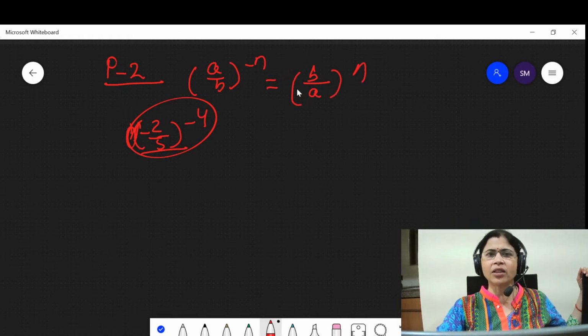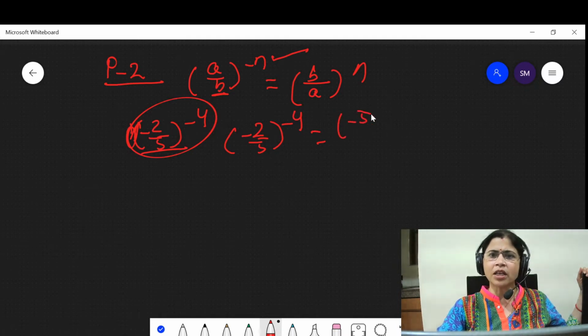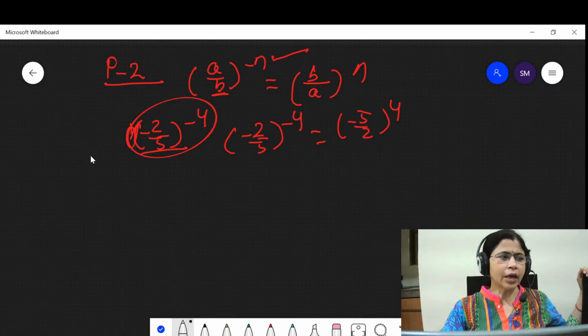When we take the reciprocal of the base, the sign of the exponent gets changed easily. This means minus 2 upon 5 to the power minus 4 is equal to minus 5 upon 2 to the power 4. Now let us solve some examples based on this theory.